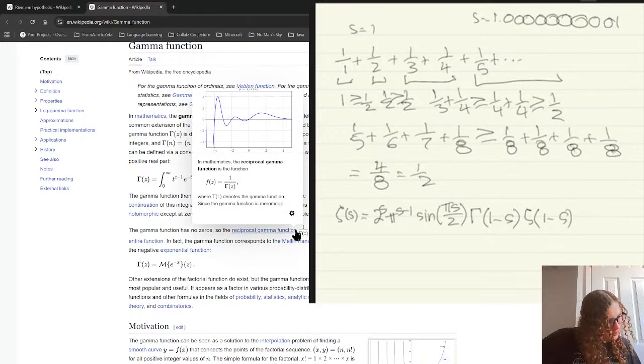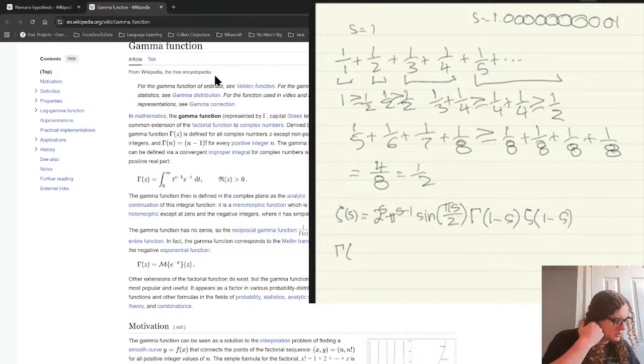So we have gamma of z is equal to the integral from 0 to infinity of t to the z minus 1 e to the negative t dt.